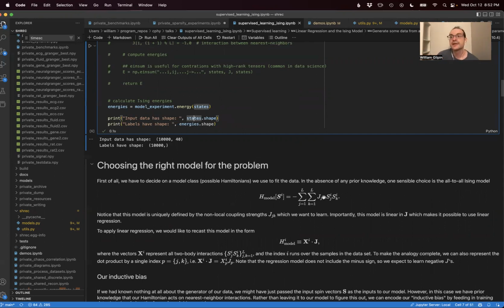So the idea here is, let's say I have no idea what J is, right? I happen to know from my simulation that it's nearest neighbors, but if I'm given a bunch of microstate energies, I have no idea what the coupling matrix is. I have no idea that J has that nice sparse structure.